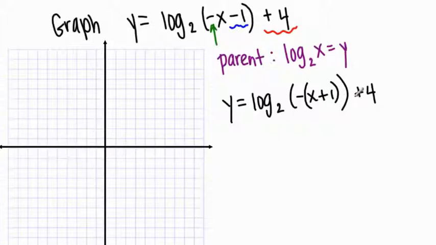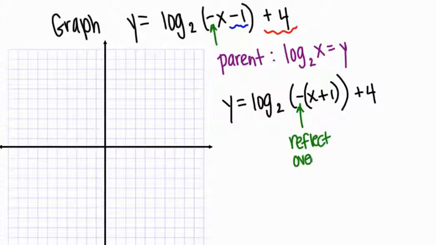So if I look at this, I wanted to see what I was taking the opposite of in the argument. So I look at the argument and I say, what was the opposite of the argument? Well, the argument must have been x plus 1 because its opposite would be negative x minus 1. That right there is my reflect over y.